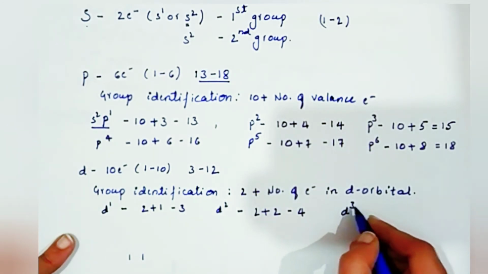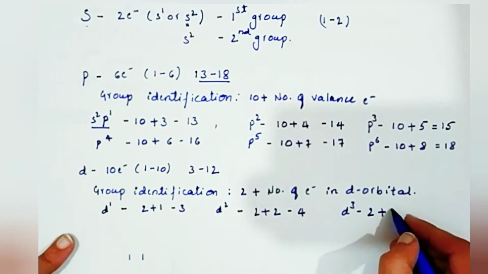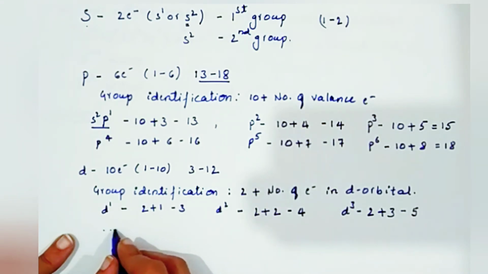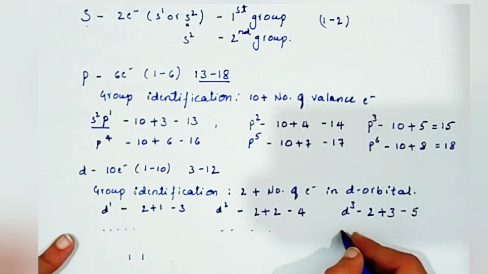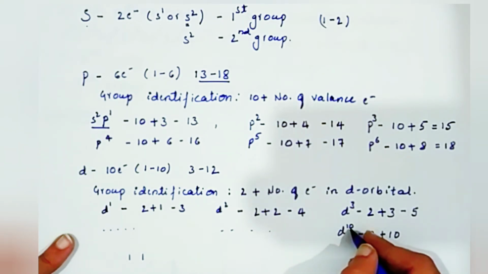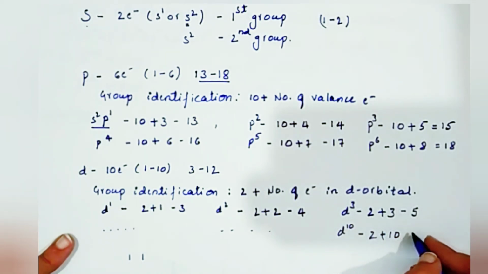If it is d3 configuration, then it is 2 plus 3, so it belongs to the fifth group of the periodic table. For the last configuration, that is d10, it is 2 plus 10, so it belongs to the 12th group of the periodic table.